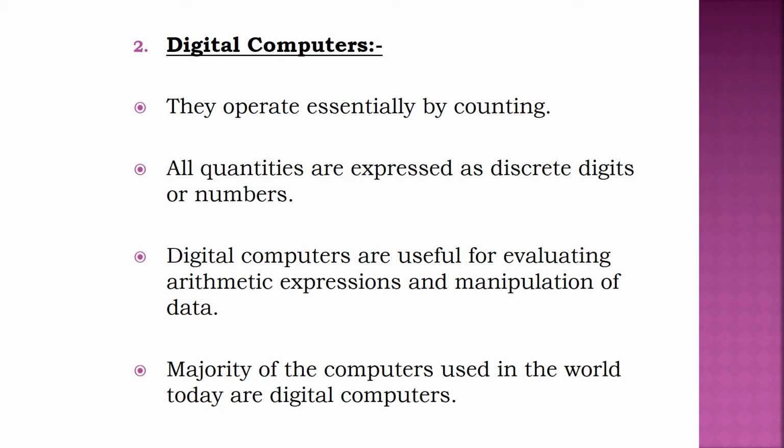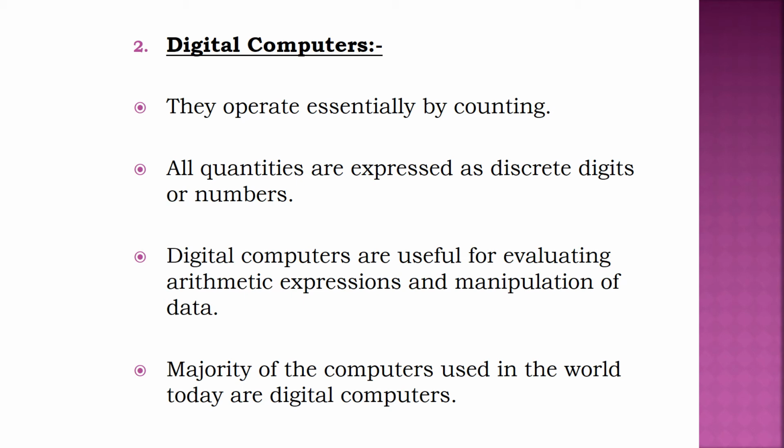All quantities are expressed as discrete digits or numbers. Digital computers are useful for evaluating arithmetical expressions and manipulating data. The majority of the computers used in the world today are digital computers.